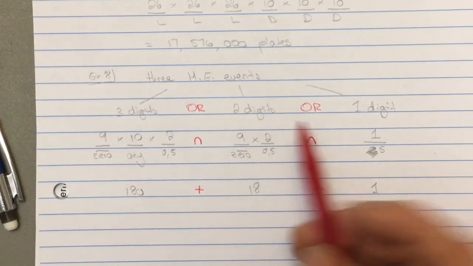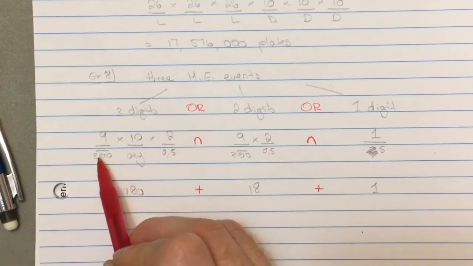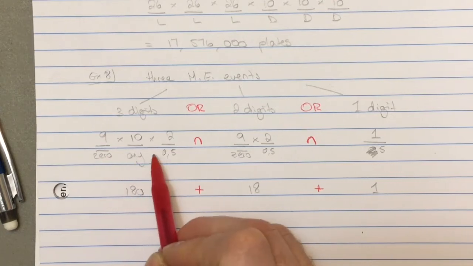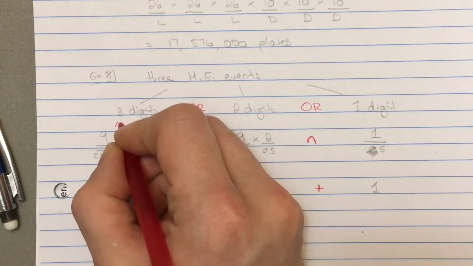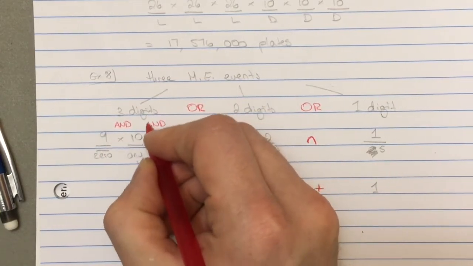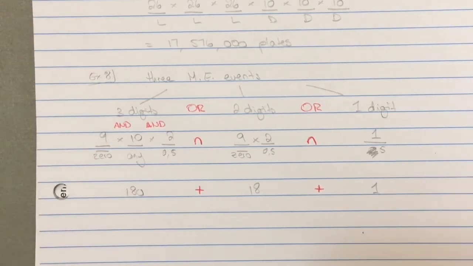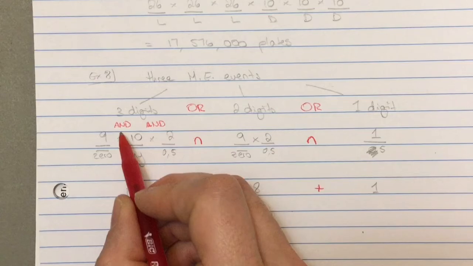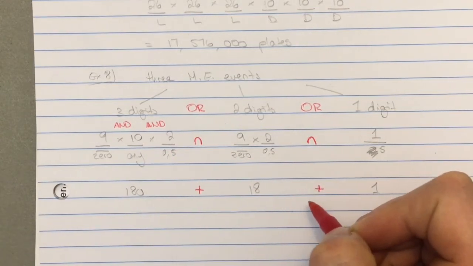Now, what I also want you to see is that for 3 digits, you need to have 1 digit and a second digit and a third one. So whenever you hear the word and, you are multiplying when you're counting the number of possible outcomes. I will point this out when we go through this unit. But every time you hear the word or, you're adding possible numbers of outcomes together.